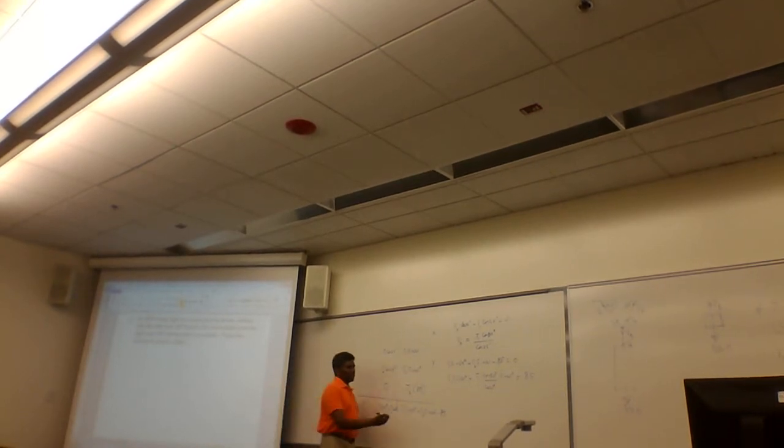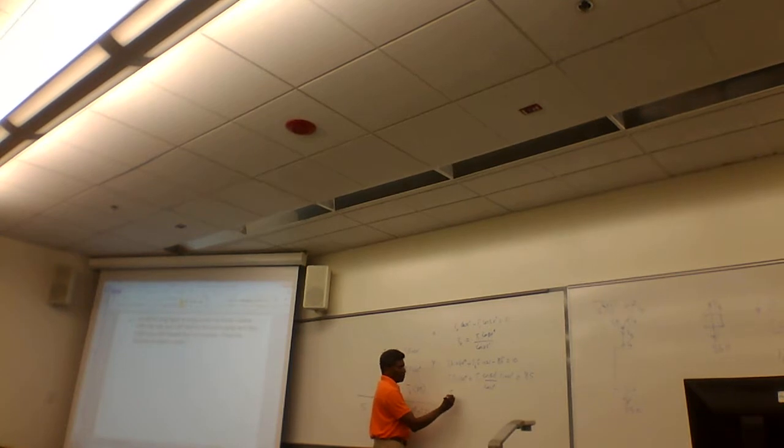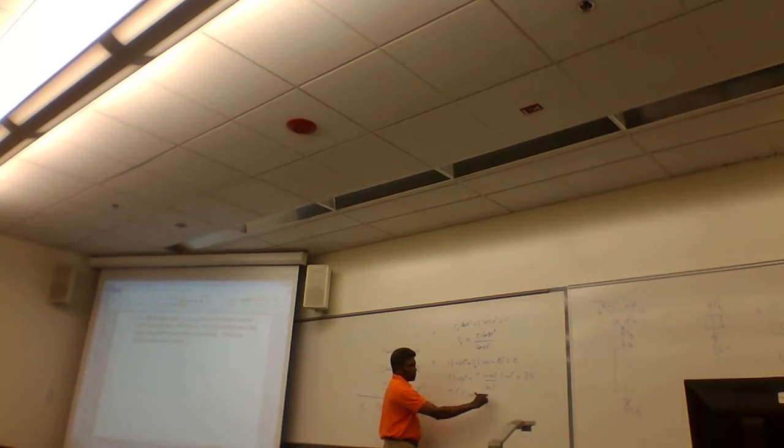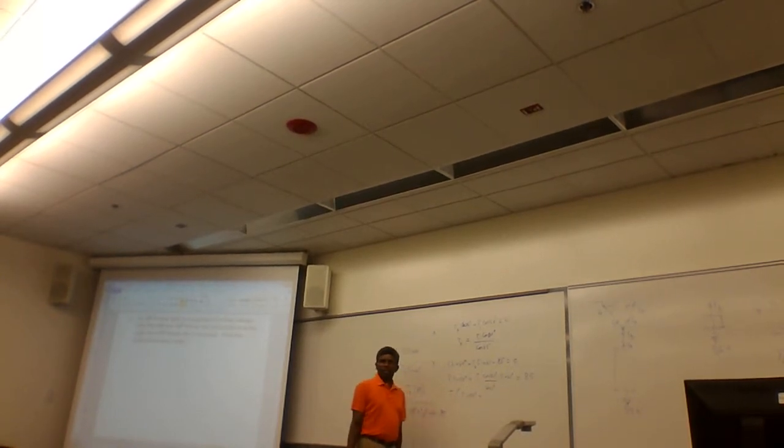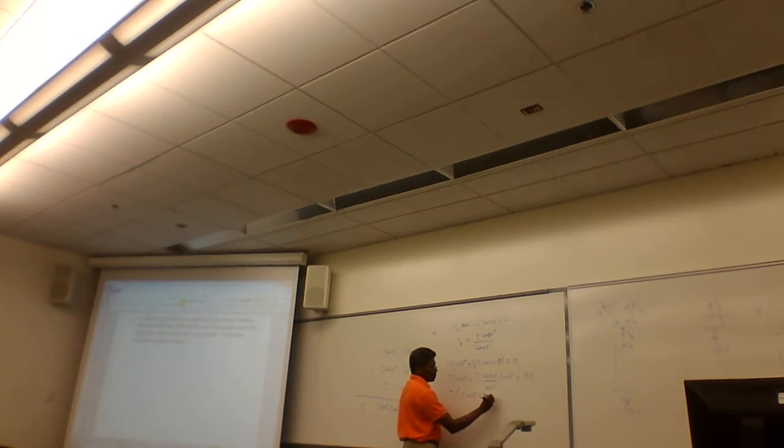So I can pull the T1 out if I want to, factor out, and I get a sine 50 here. Plus, what is this, sine 25 over cosine 25? It is tangent 25. Okay, so I'm going to write it as tangent 25 to make my life a little easier, and then cosine 50.